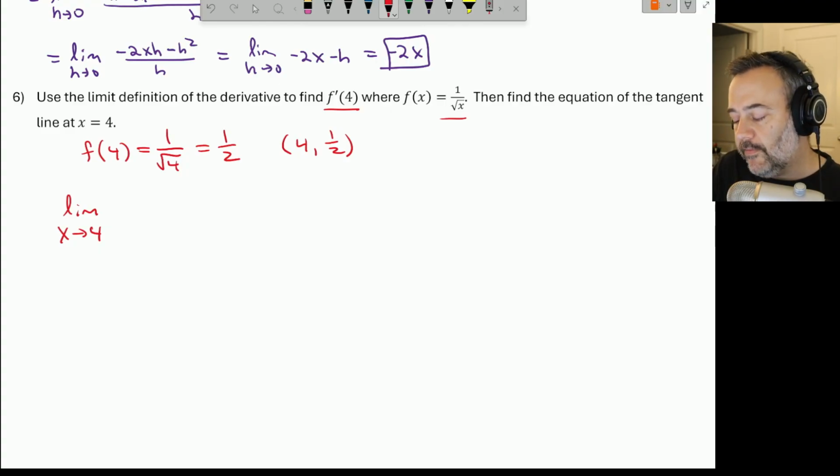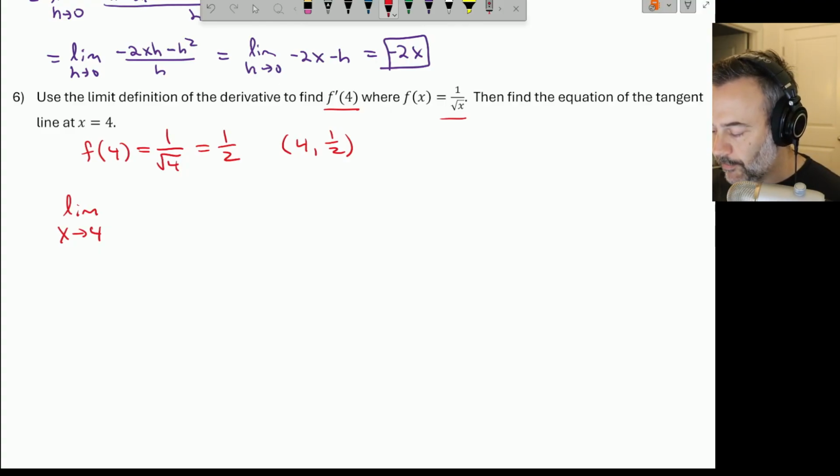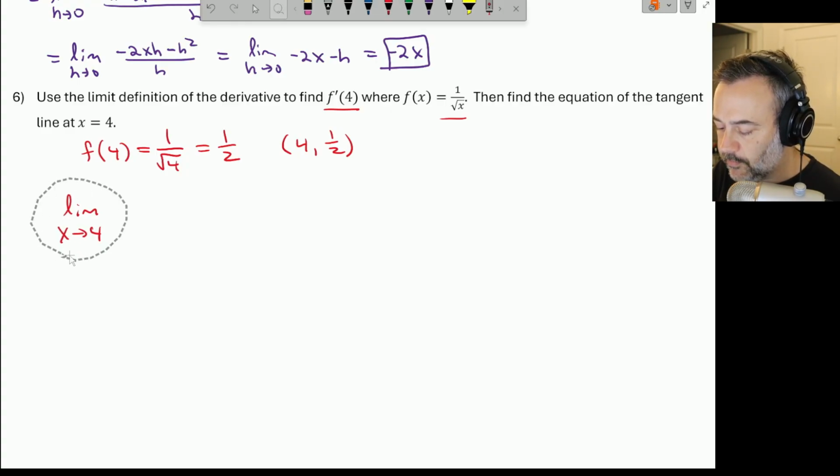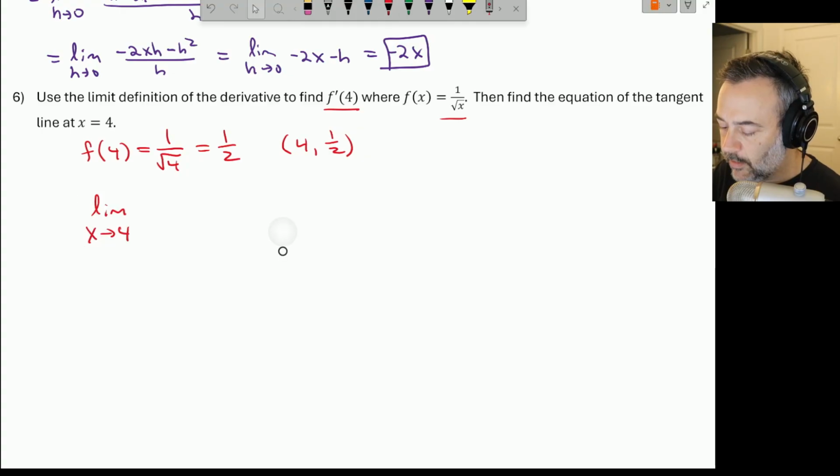But you can use either definition, it's fine. You'll get the same answer either way. So I want to find f prime at 4, and that is the limit as x goes to 4 of f of x minus f of 4, all over x minus 4.